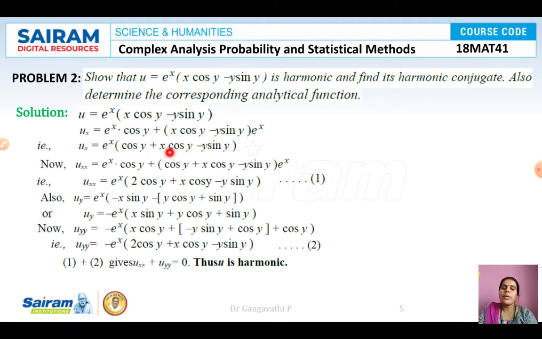So again you need to apply product rule, as there are two functions, e power x, and differentiation of this entire term with respect to x gives us only cos y, plus this entire term is there as it is, and differentiation of e power x is e power x. So uxx is resulting in e power x into 2 cos y plus x cos y minus y sin y. Call the equation as 1.